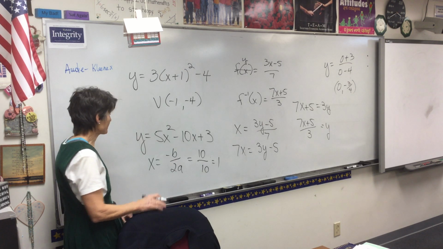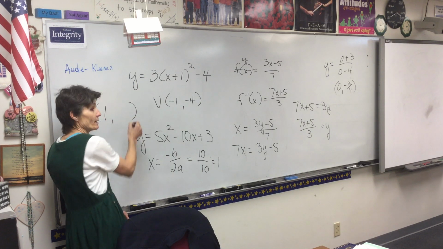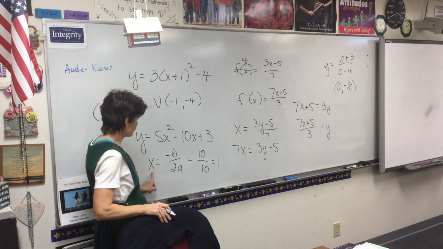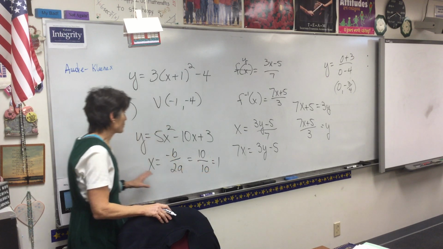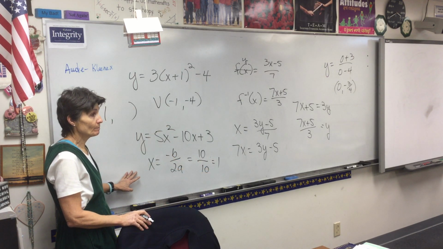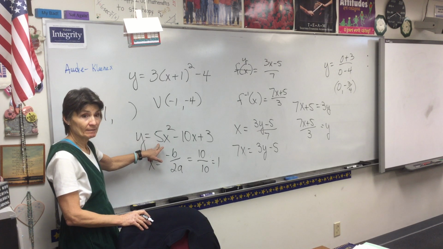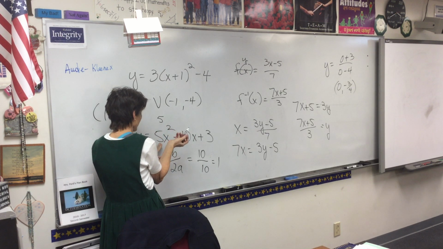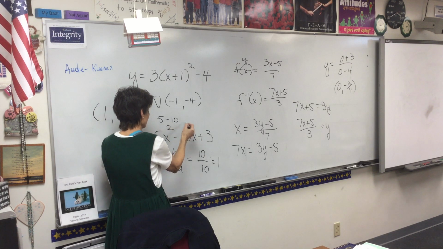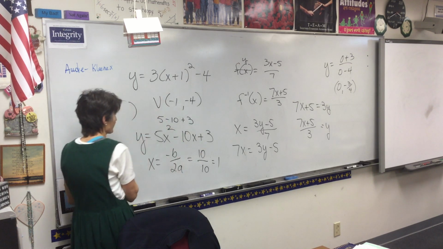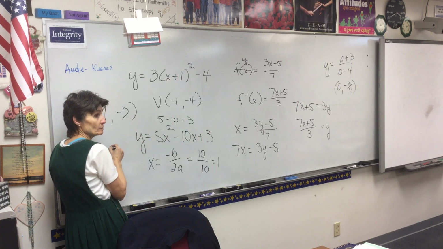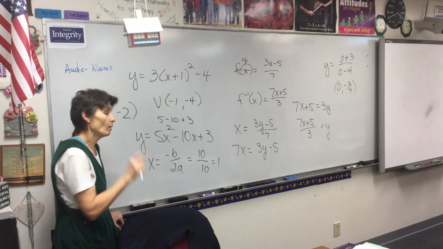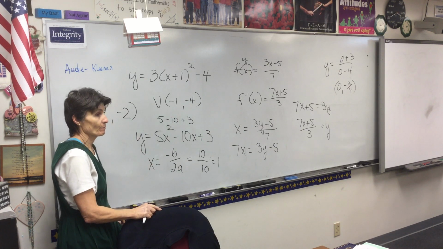That is not the vertex. That is the x coordinate of the vertex. The vertex is a point. The formula gives you the x value. So then how do we find the y value? Plug it back in. So we have 5 times 1 squared minus 10 plus 3, which is -2. So that vertex would be at 1 comma -2.